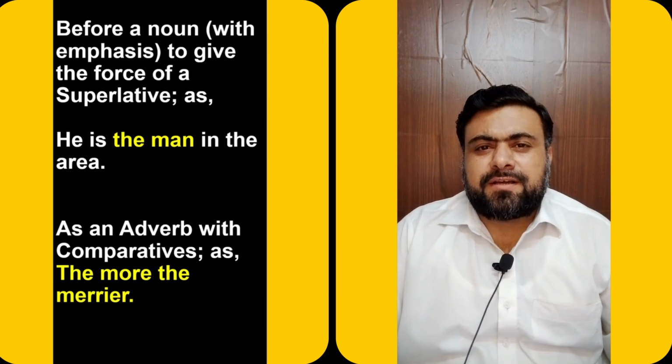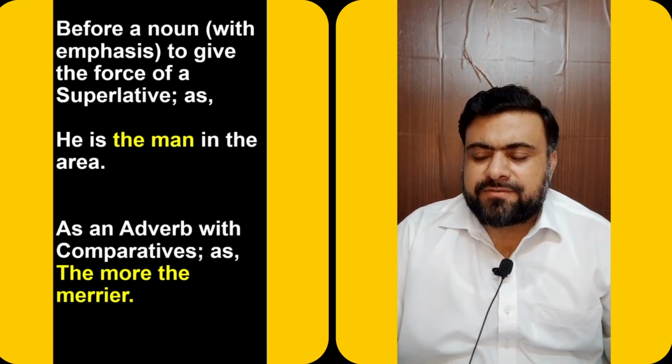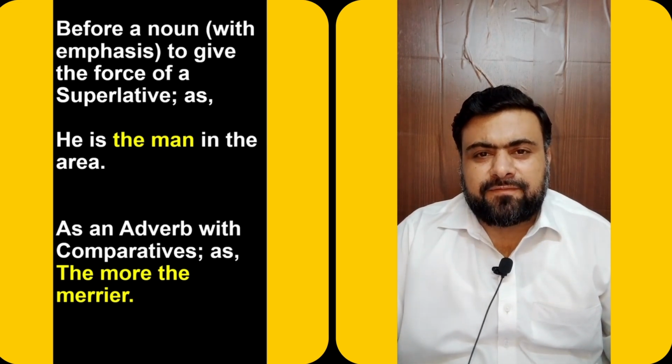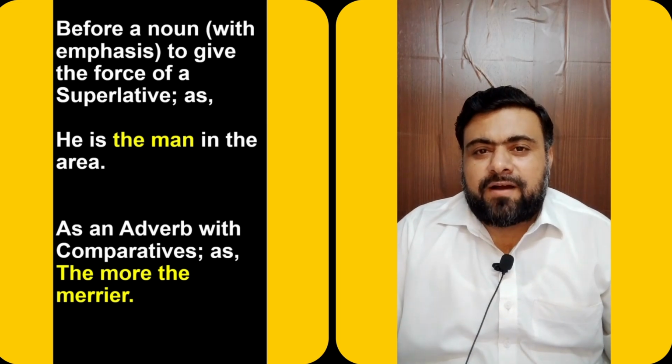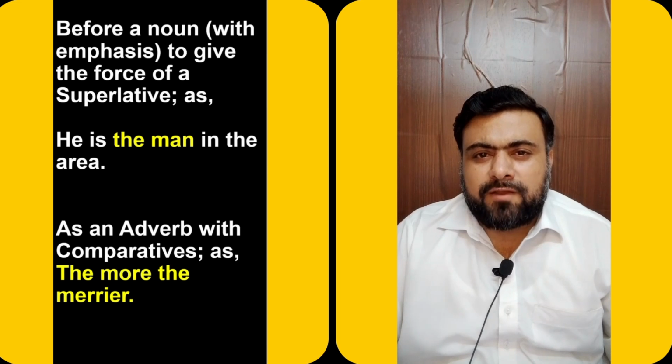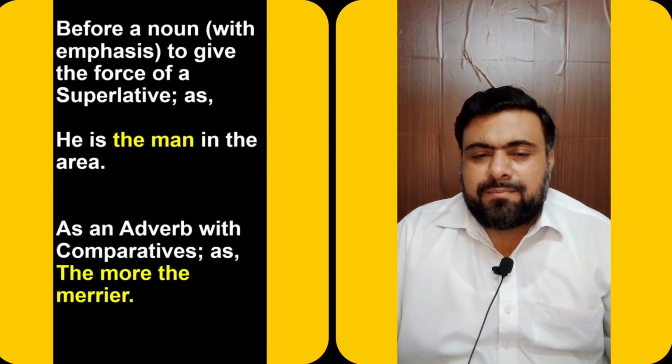Sometimes the definite article the is used as an adverb with the comparative degrees of the adjectives. For example, the more the merrier. More is an adjective, and the definite article the is qualifying this adjective. And we know that sometimes the adverbs qualify the adjectives. The more, the merrier.